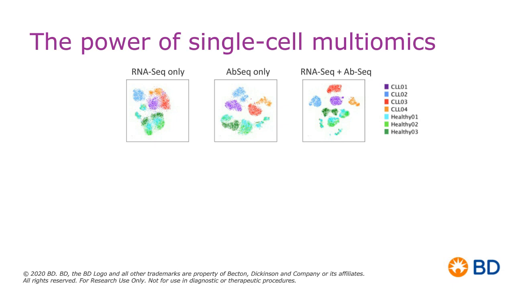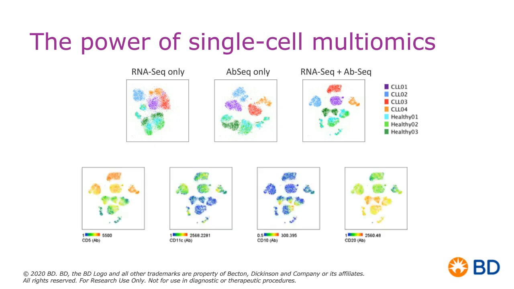For example, in the AbSeq only plot, the cells in the upper left-hand corner look like a couple of CLL patients, and the healthy samples are located lower below, all clumped together. However, if I combine the information from both RNA sequencing and AbSeq, now you can really see the granularity, heterogeneity and distinction of these unique cell populations just by combining all of this bioinformatic information.